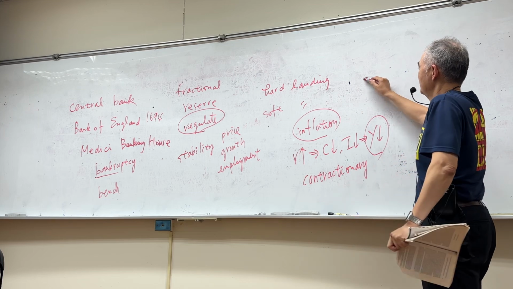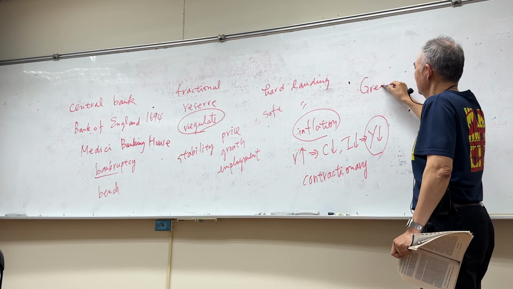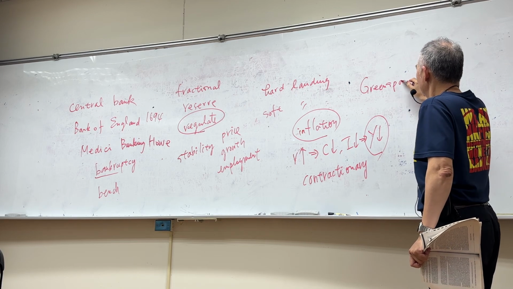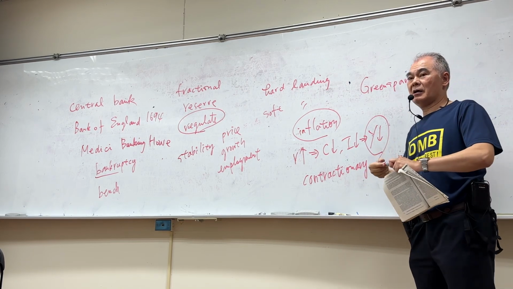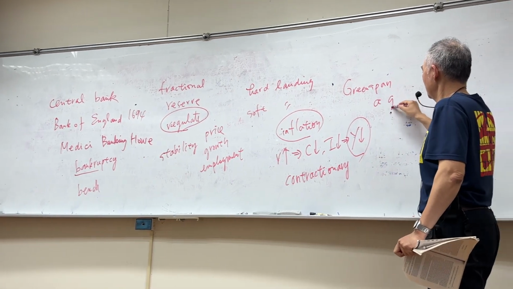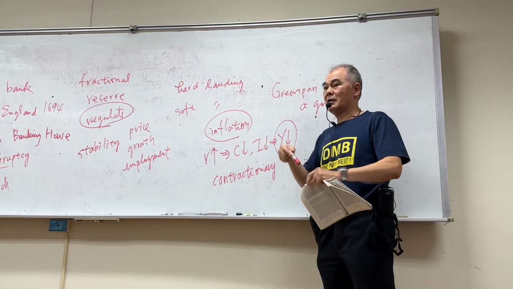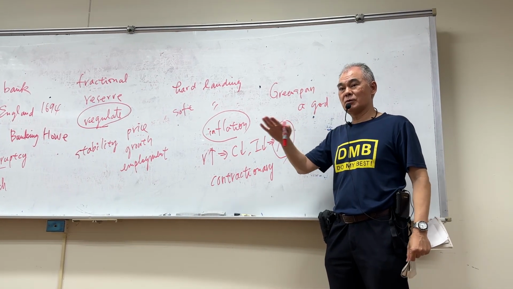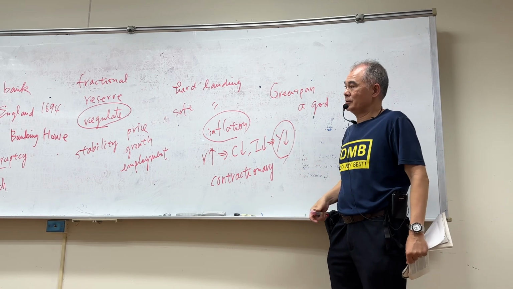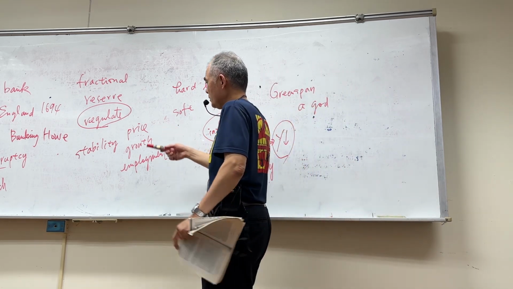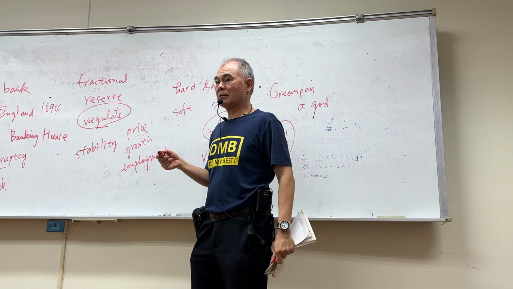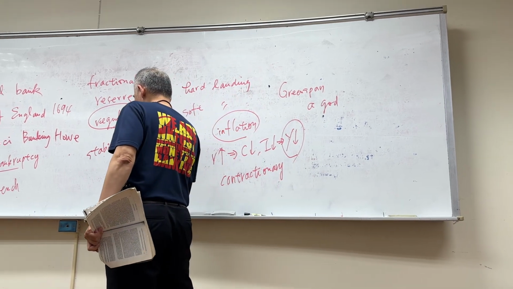Okay, Greenspan, he is the chairman long time ago. And people treat him like a god, okay? People treat him like a god because he has done several times to make the consumption smooth, to make the economy smooth.